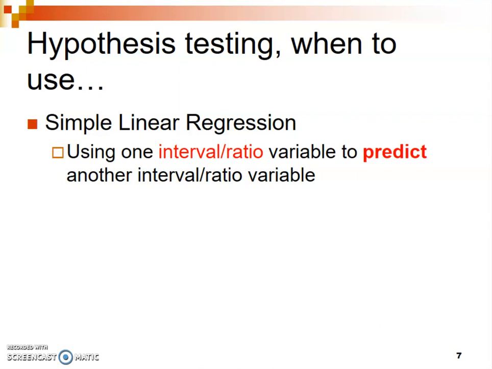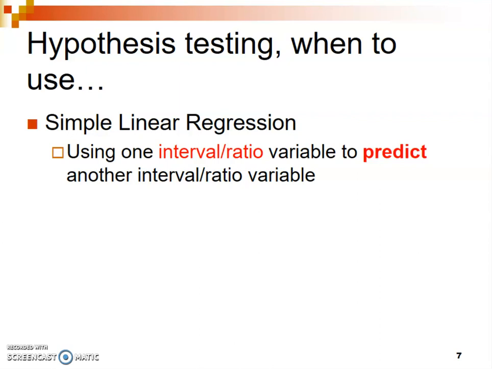So it's limited to just two variables. It's almost identical to what we were doing with correlation, except the primary difference is that word predict. Whereas correlation just looks at the relationship between two variables, a regression allows us to use one variable to try and predict the other.